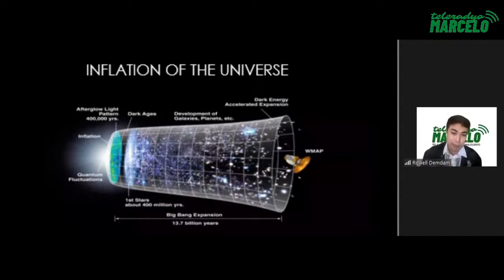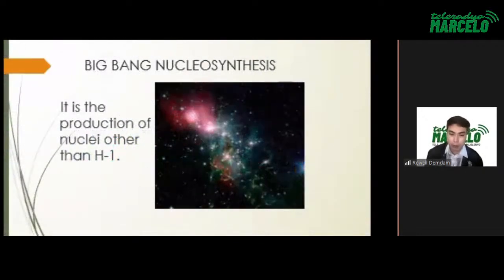And as space expanded, the universe cooled and matter formed. And 1 second after the Big Bang, the universe was filled with protons, neutrons, electrons, anti-electrons, photons, and neutrinos. Okay, so during the first 3 minutes of the universe, the light elements were born during Big Bang nucleosynthesis. And the temperature of the universe cooled down from 100 nonillion Kelvin to 1 billion Kelvin.